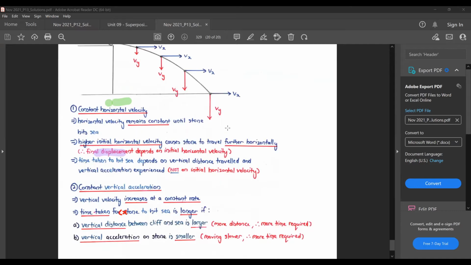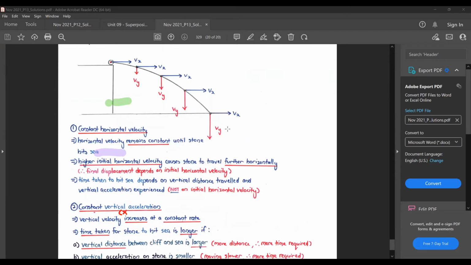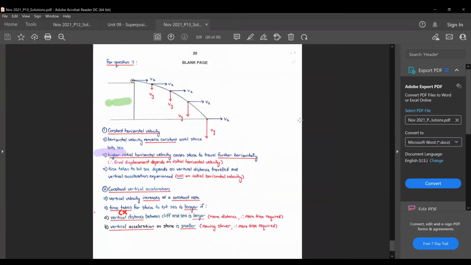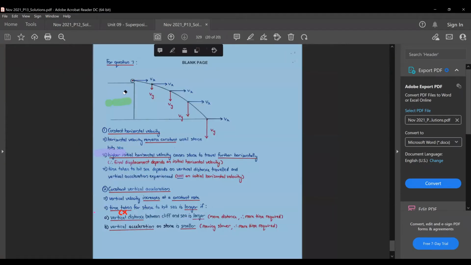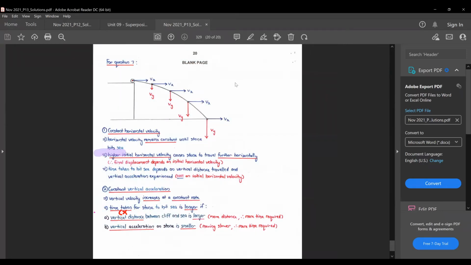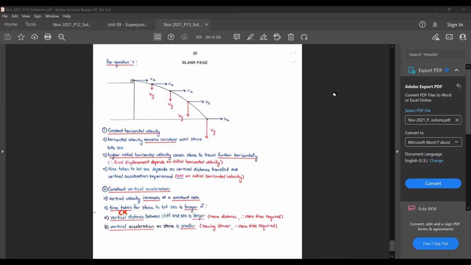This is one of the first things that we learn under kinematics. The first one was that since air resistance is negligible, you should have constant horizontal velocity. Horizontal velocity would remain constant until the stone hits the sea.